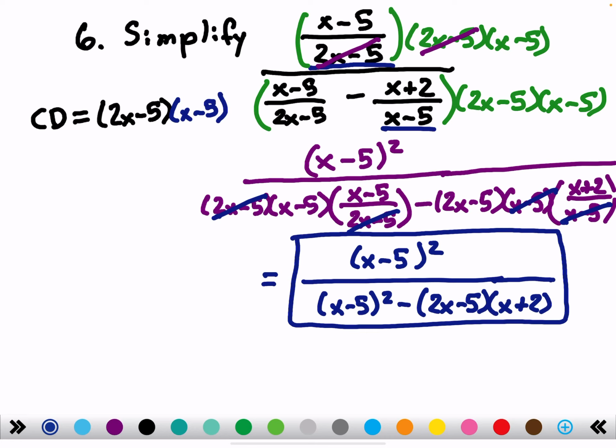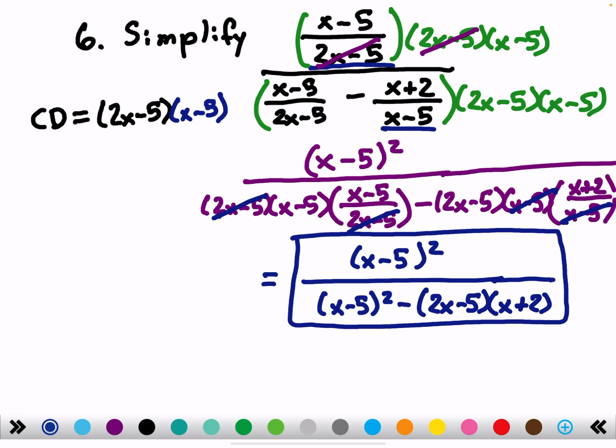So this is x minus 5 quantity squared over x minus 5 quantity squared minus 2x minus 5 times x plus 2. And that is the final answer.